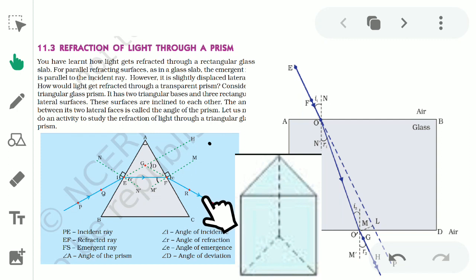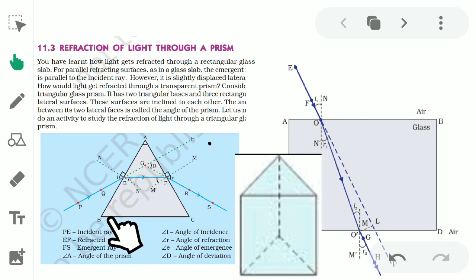If you extend the emergent ray back and the incident ray forward, you can see that one angle is subtended. This angle is called the angle of deviation. See, this angle of deviation is angle D. It is the angle between the incident ray and the emergent ray, in the direction of the incident ray.